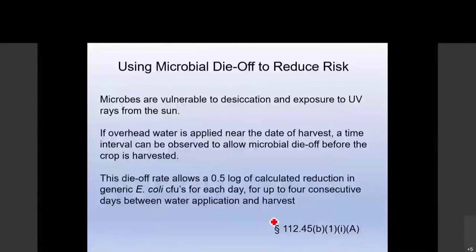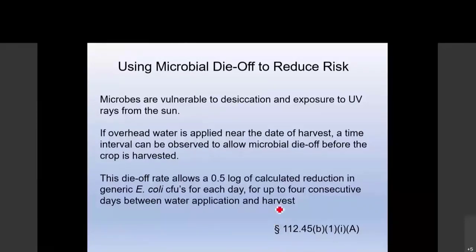So let's talk about using microbial die-off to reduce risk. You should probably know from just living that microbes are vulnerable to desiccation and in particular exposure to ultraviolet rays from the sun.